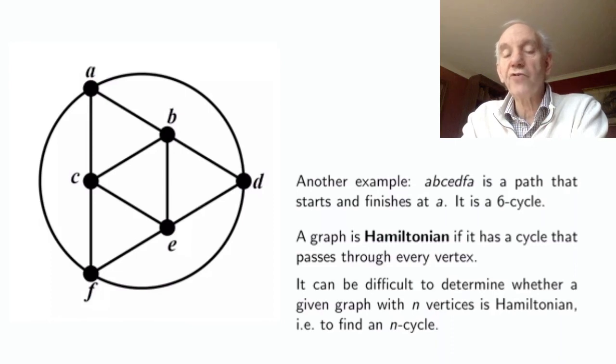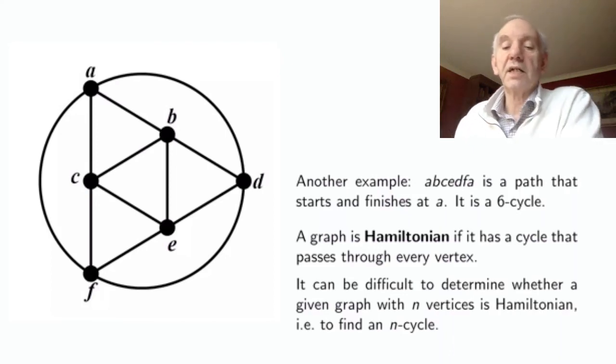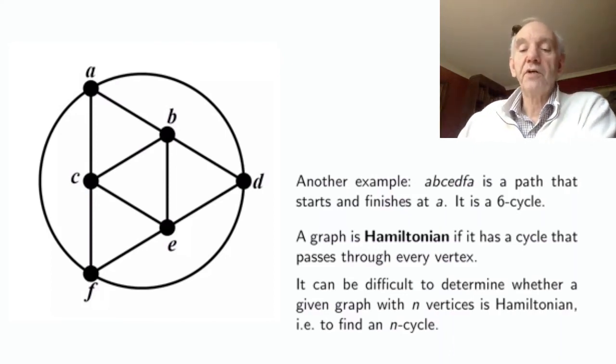So the cycle has n edges. If the graph has n vertices, can you find a cycle with n edges? That's what I meant to say. And if you can, the graph is called Hamiltonian. And it can be quite a difficult problem, even with some quite simple graphs drawn by hand, to find such a Hamiltonian cycle, a cycle that goes through every vertex. Okay, so that's the Hamiltonian problem.